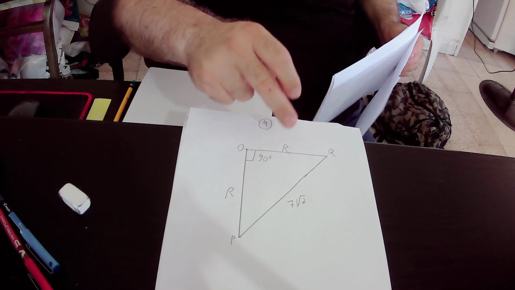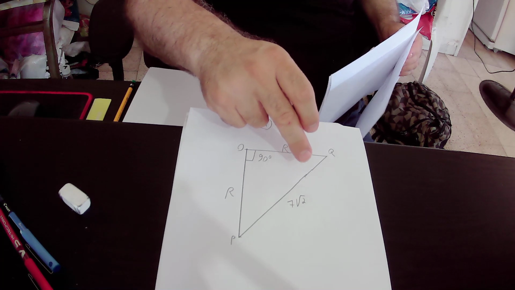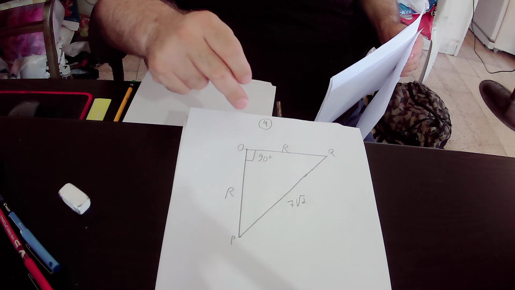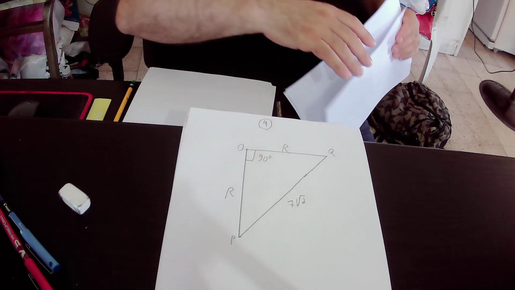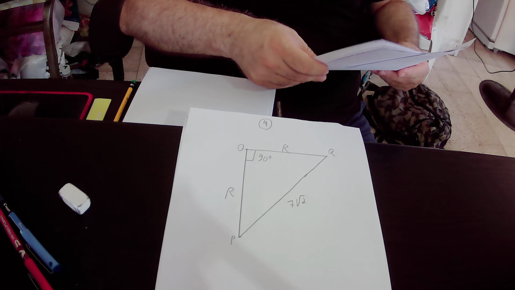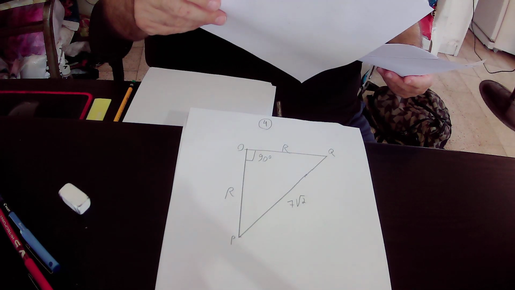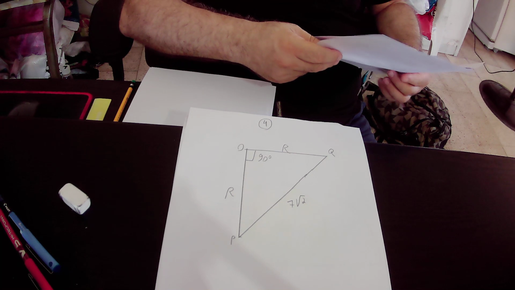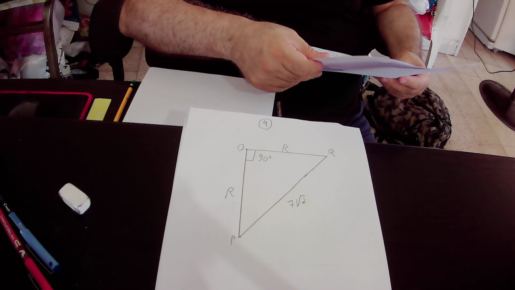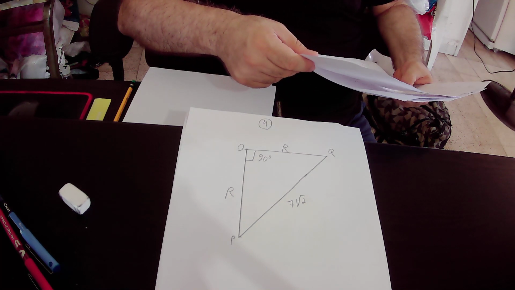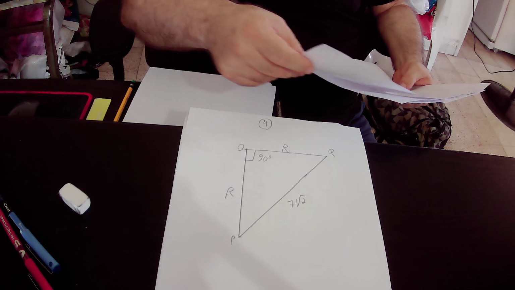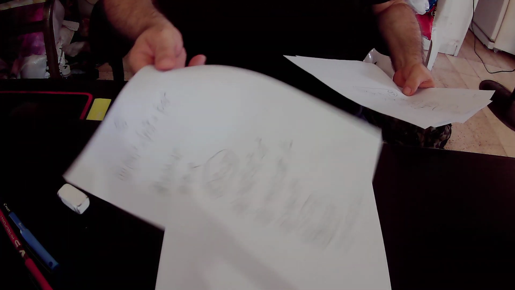That is to say, 7 times root 2 squared equals R squared plus R squared.